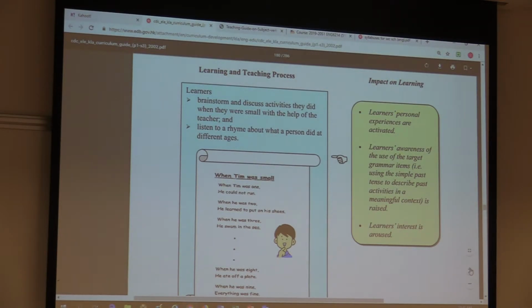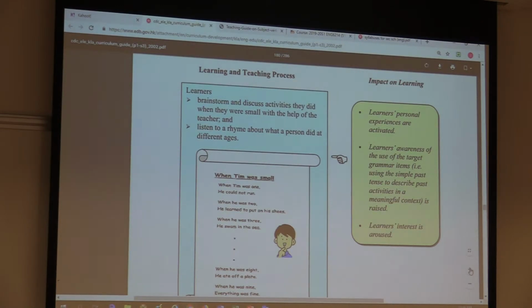And then the second activity is the matching activity. Testing students' understanding, I think, by matching the picture with the sentences. And then the next exercise, listen to the rhyme again for specific information and fill in the past forms of the verbs.